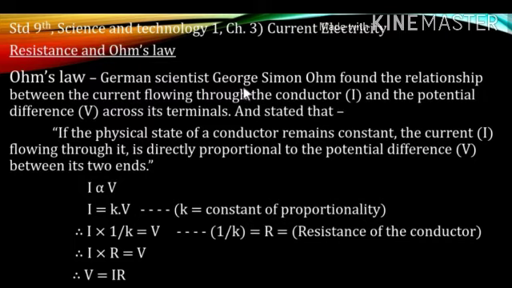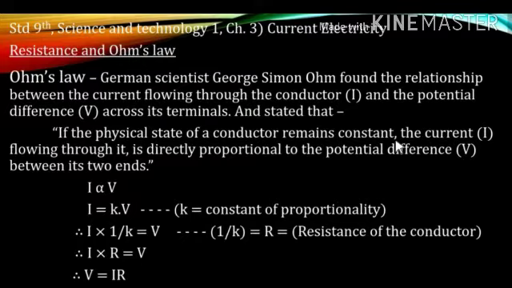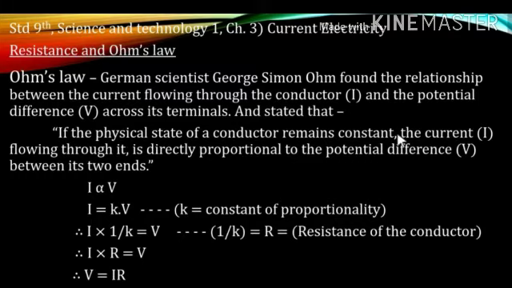German scientist George Simon Ohm found the relationship between the current flowing through the conductor, I, and the potential difference, V, across its terminals, and stated that if the physical state of a conductor remains constant, meaning its temperature, length, area of cross section, etc., all other factors are constant, then the current flowing through it, that is I, is directly proportional to the potential difference V between its two ends.